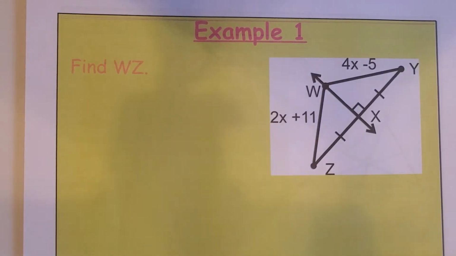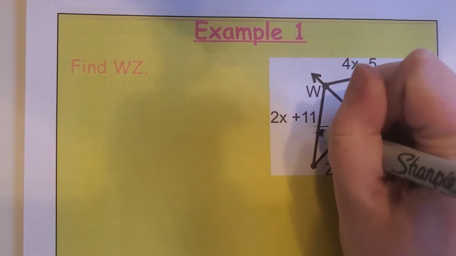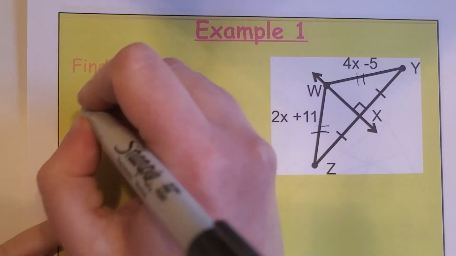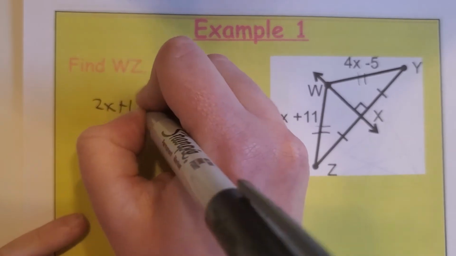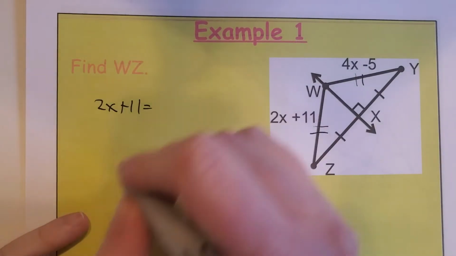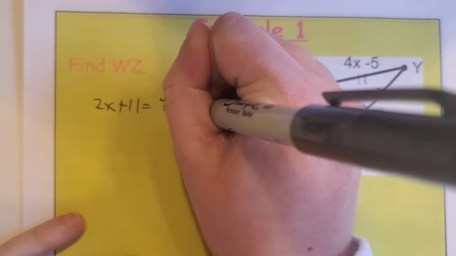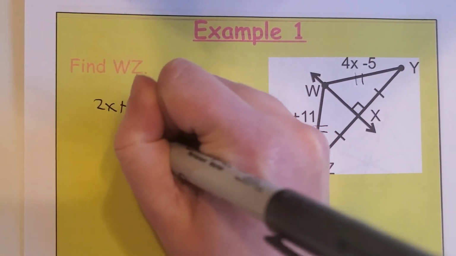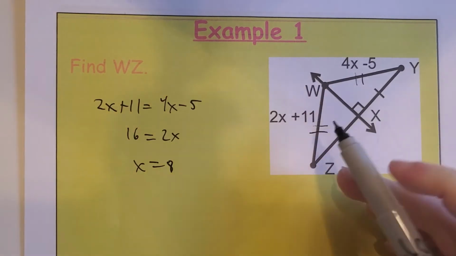So, in regards to this problem, how would we figure this out? Well, what we could say is that WZ is congruent to WY. So we are able to take those two expressions and set them equal to each other. And then solve. So 2x is 16, x is 8.